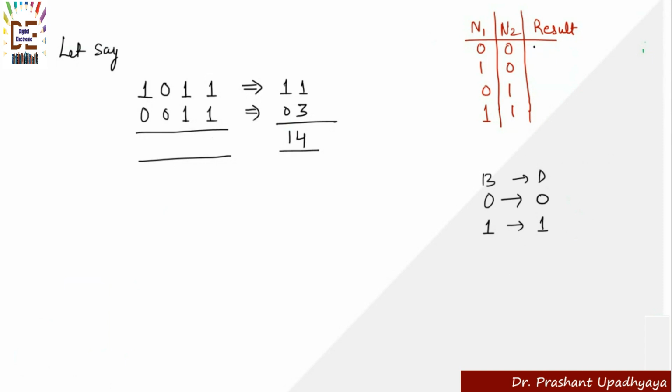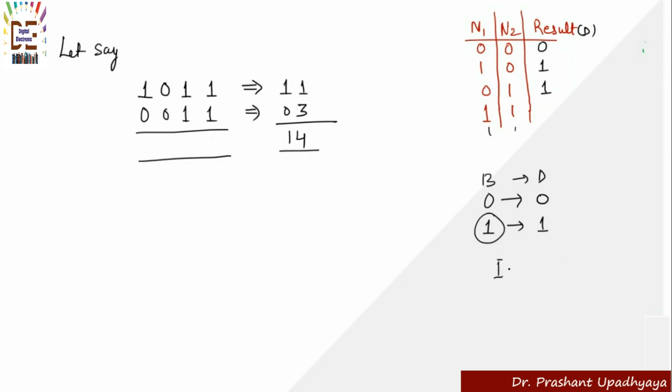So let's say I am writing the result in decimal form right now. 0 plus 0 will give you 0. 1 plus 0 will give you 1. 0 plus 1 will give you 1. But what is 1 plus 1? If I write the decimal equivalent, this is 1, the binary equivalent of 1, and this is also 1.